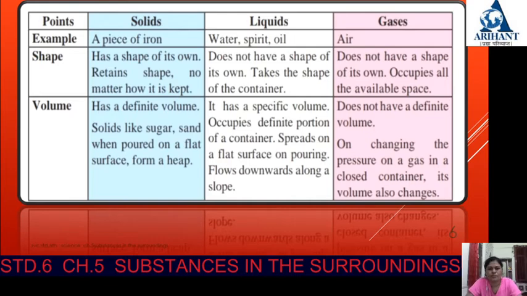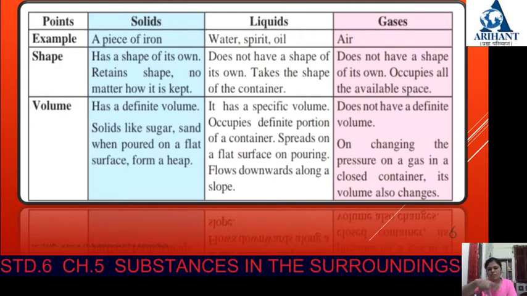Now the liquid, shape of liquid. Liquid does not have a shape of its own. It takes the shape of the container. For that, take a bowl and add water. You can see water is in a liquid form.